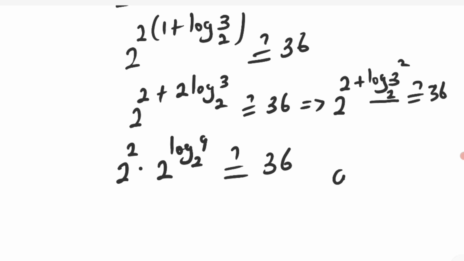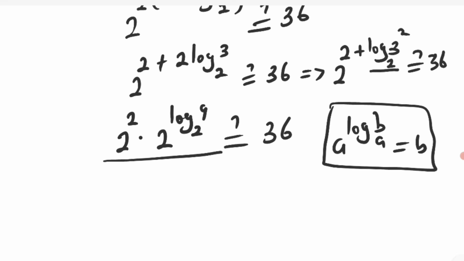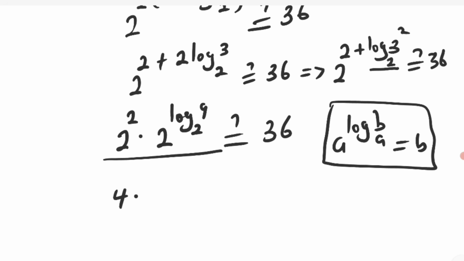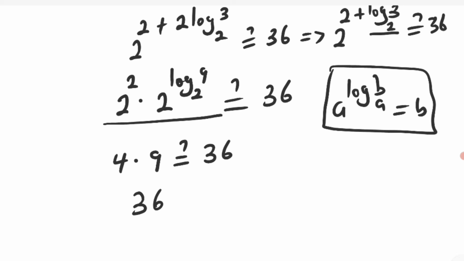If you have a raised to power log b base a, this is equal to b. Then the whole of this is 2 squared, that is 4 multiplied by 9 must be equal to 36. 4 multiplied by 9, this is 36, is equal to 36, which is true.